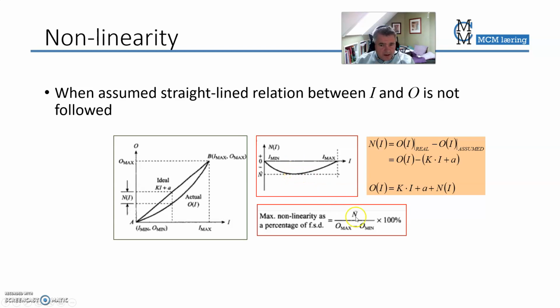So the N with a hat on it is the maximum nonlinearity, and it's also without a sign, so it's always the absolute value that is positive. Here is where you find the maximum nonlinearity, and you compare that to the output span.